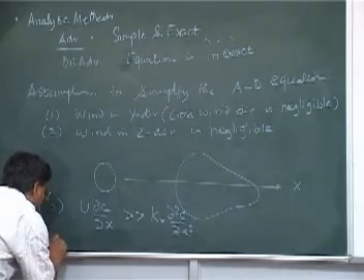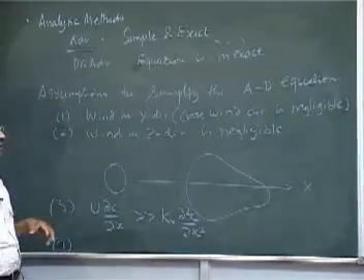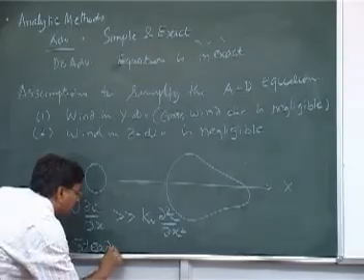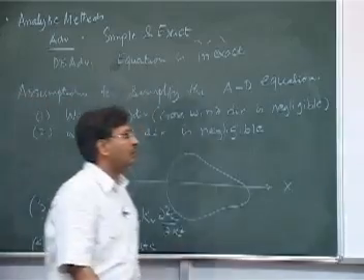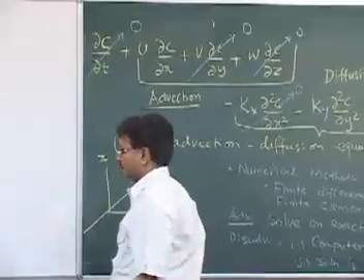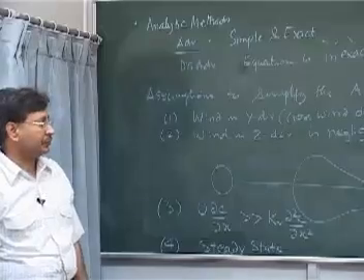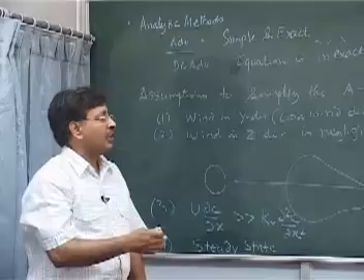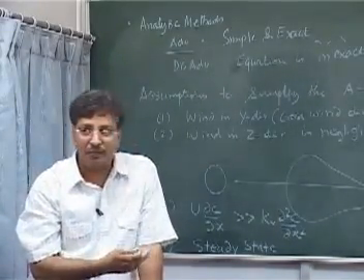Fourth assumption, because I must keep on simplifying until I can solve it: steady state. Steady state condition, and you all know the derivative with respect to time should go to 0. And other implicit assumptions: the dispersion coefficients are not a function of time, and not a function of space.